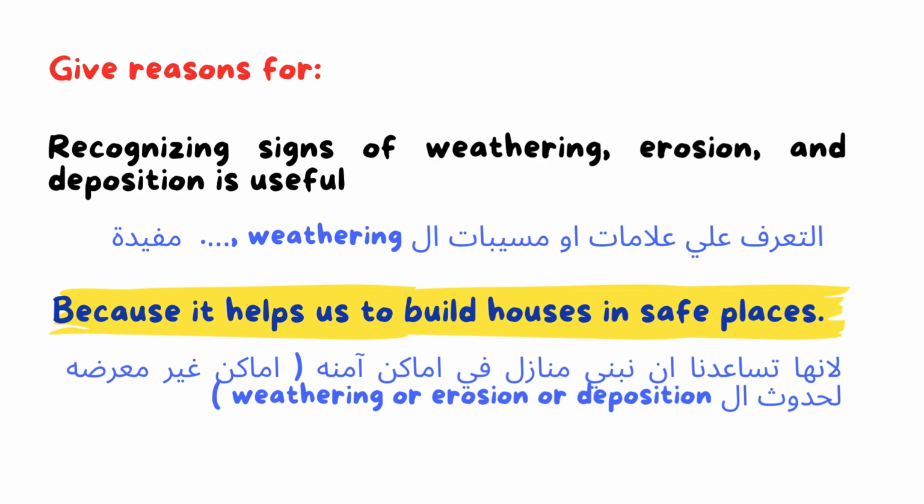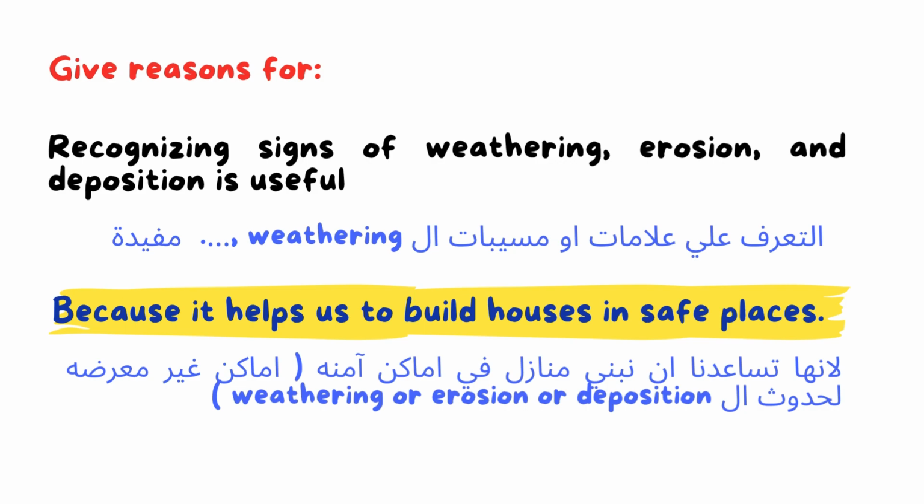As people, if they know that this place, this hill, as you see, can be eroded, okay? So people must not build houses on a hill that is eroding, okay? Because if the hill is eroded, as the sediments and rocks from it move to another place, this makes the house fall down, yes?